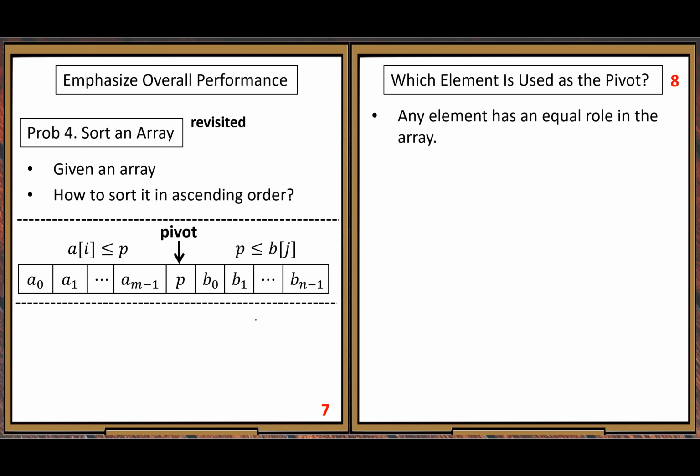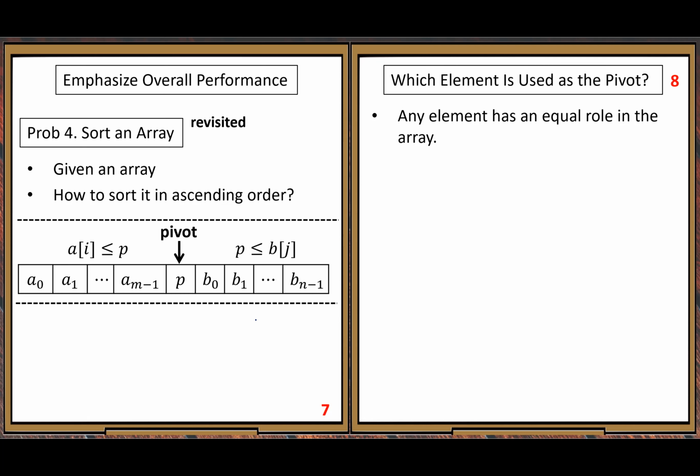When the data is given, you have no idea on the values of any element. Which one is larger, which one is smaller? You have no information for it. Under that condition, which one should be the pivot? You have no information at all, so every element has an equal chance to be the pivot.